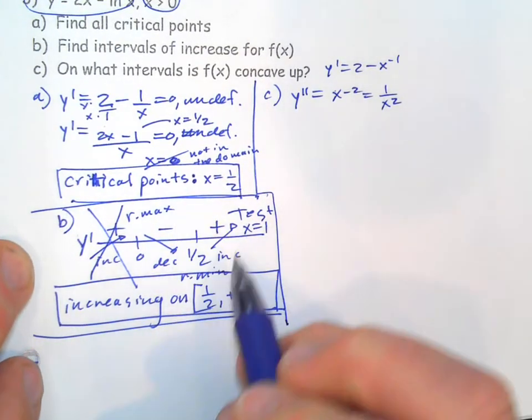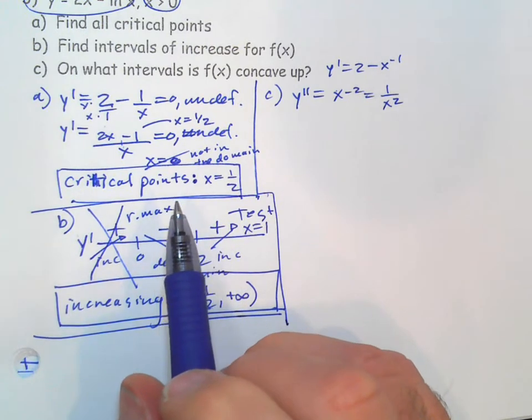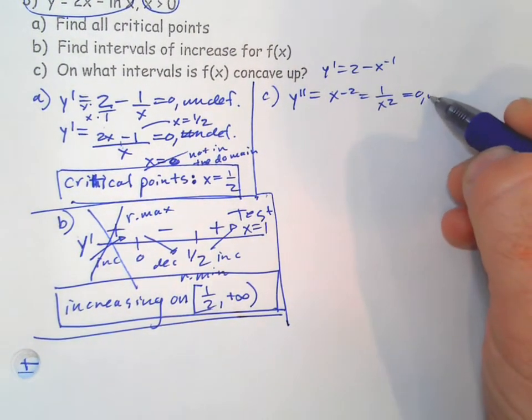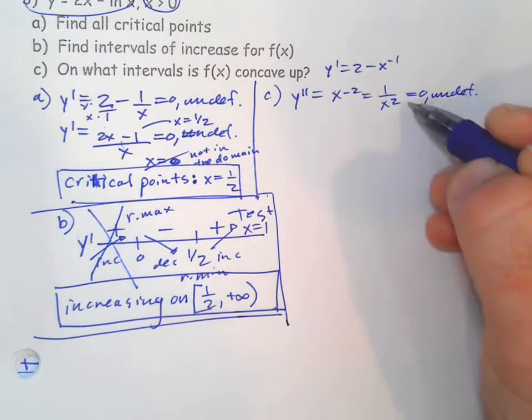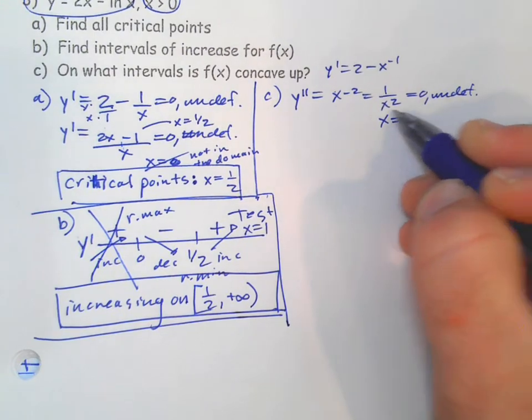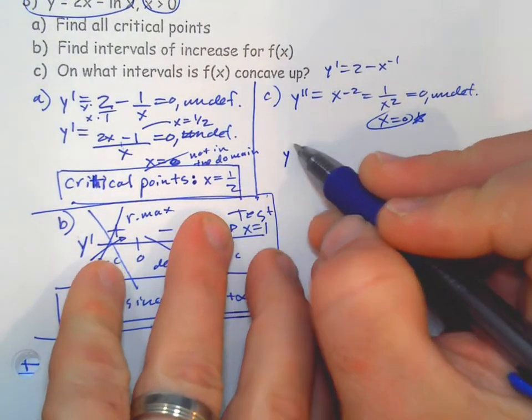Or you could do quotient rule, but that's going to be a lot harder. Set equal to 0 or undefined. You should get the same answer if you do quotient rule. So x equals 0, and it's a double, but it's outside the domain, but I'm still going to put it on my line check.